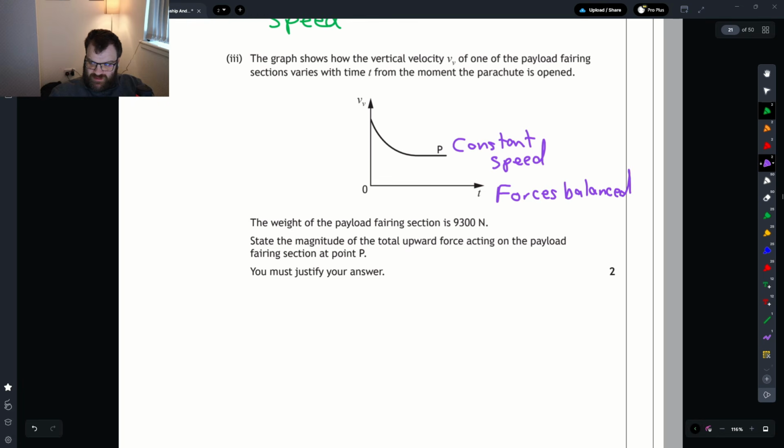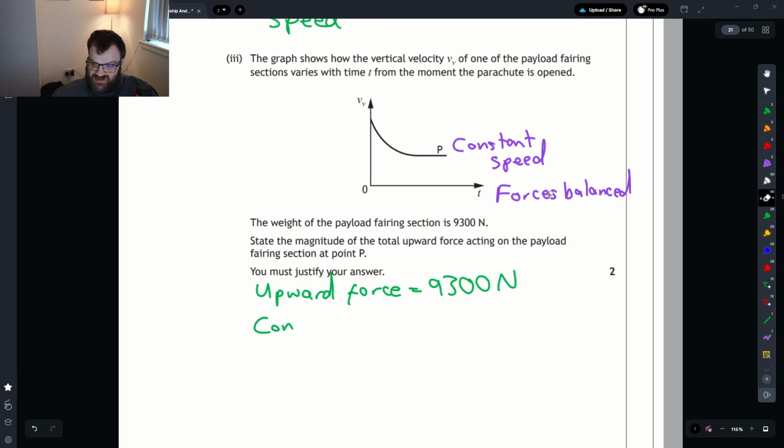Right, now let's put some numbers in. Well, if the weight downwards is 9300, if there was no upward force, that would be the force that's causing the acceleration. But they're saying here there's no acceleration, no deceleration, it's staying the same. So the upwards force must equal the same number. So upwards force 9300.